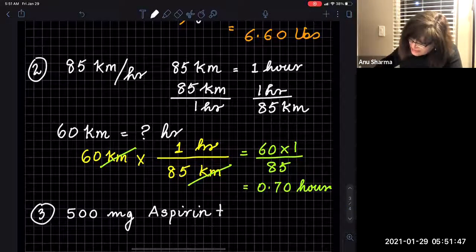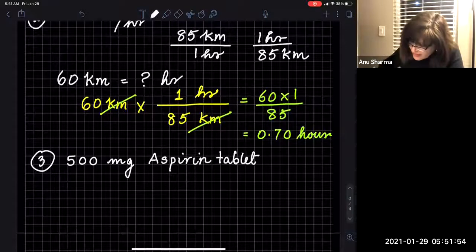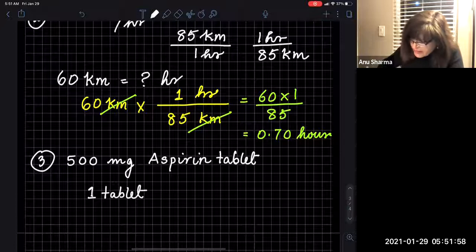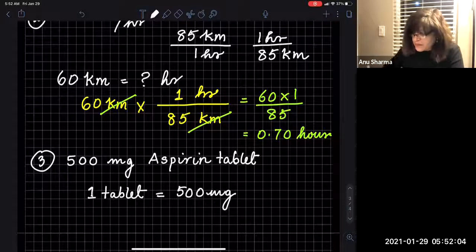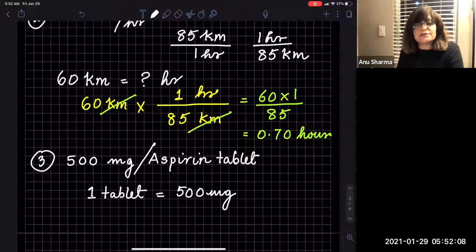So this aspirin tablet contains 500 milligrams. So this means that one tablet is equal to 500 milligrams. This can also be written as 500 milligrams per aspirin tablet.